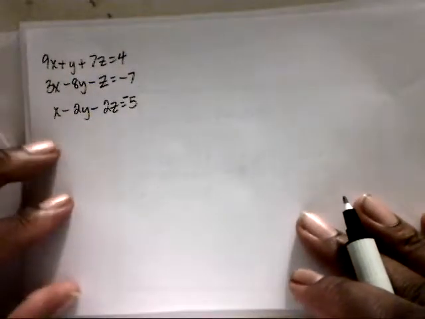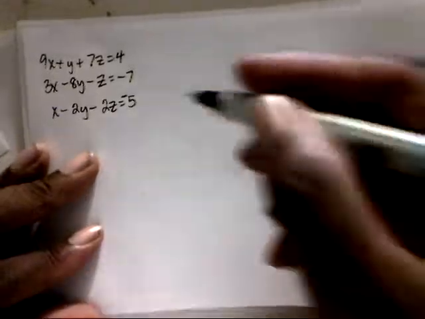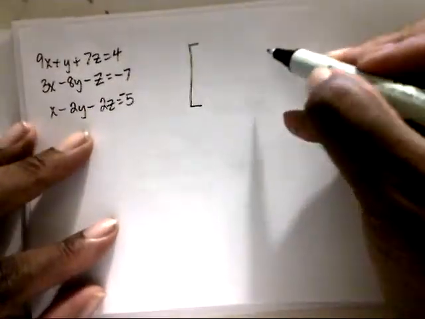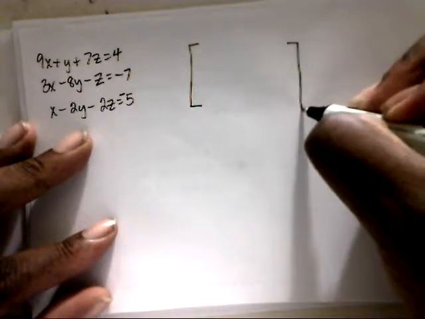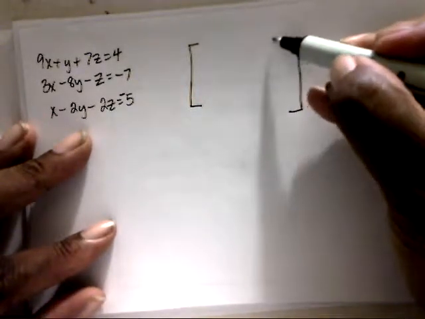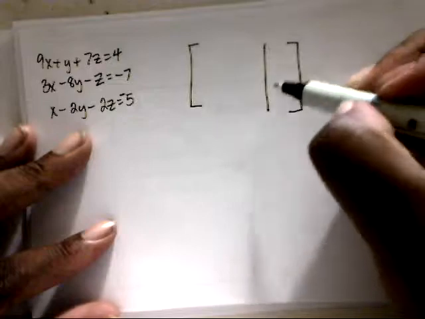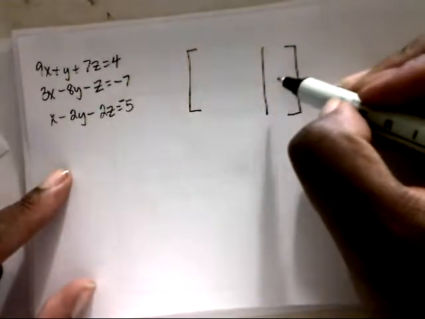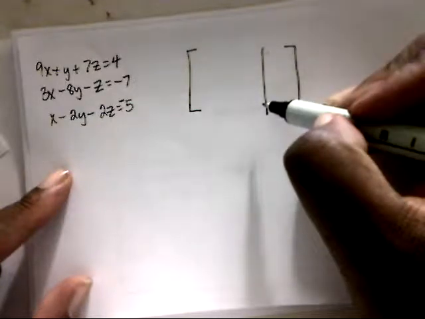Okay, so that's the system of linear equations that I want to write an augmented matrix for. So here, this is the augmented matrix which has brackets. I'm going to have a vertical bar that separates the coefficients of x, y, and z from the constants. In fact, that represents the equal sign.